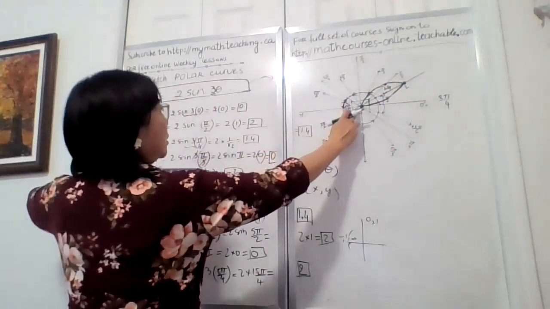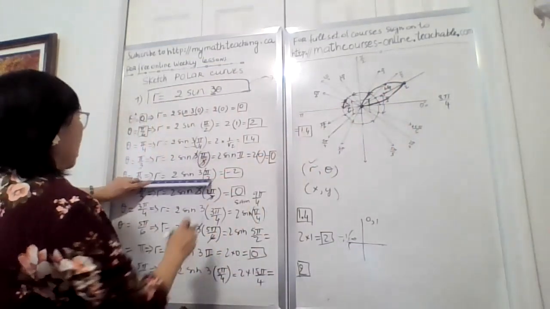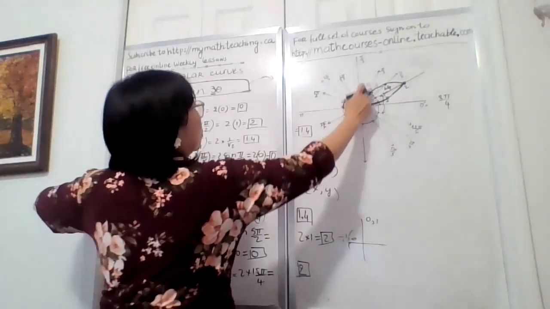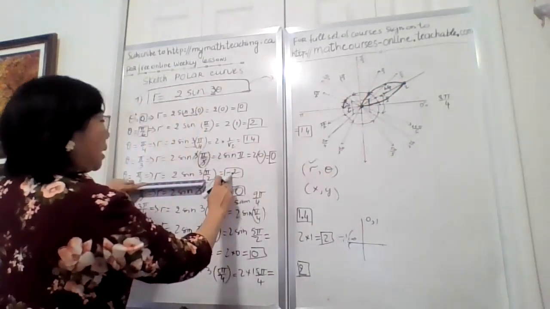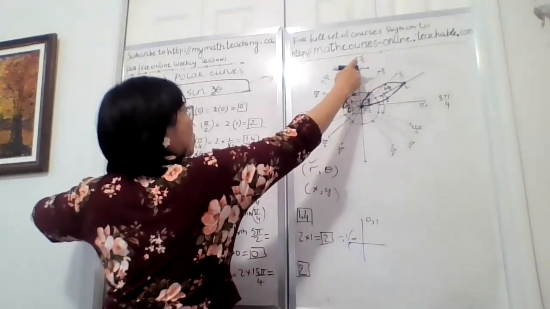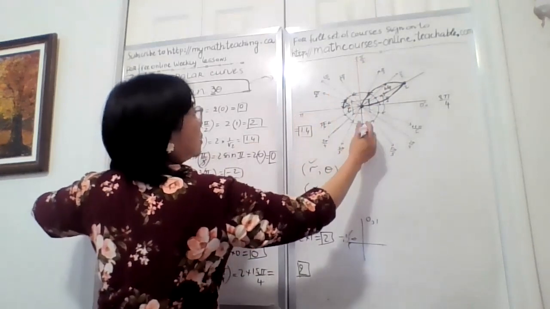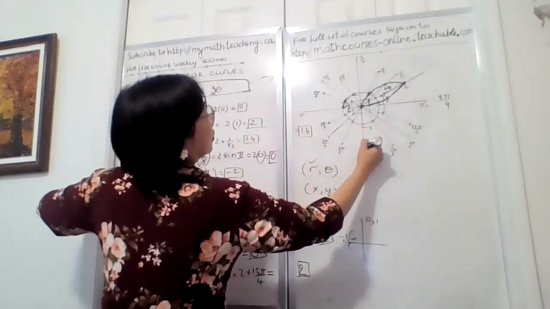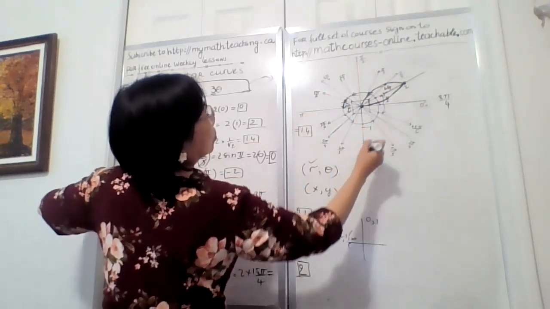So now, pi over 3 goes to 0. Pi over 2 is -2. So when it goes to pi over 2, the radius is -2. So it's backward, right? Instead of moving forward 2, we go backward this way. And the scale here is -1, and down here is -2.